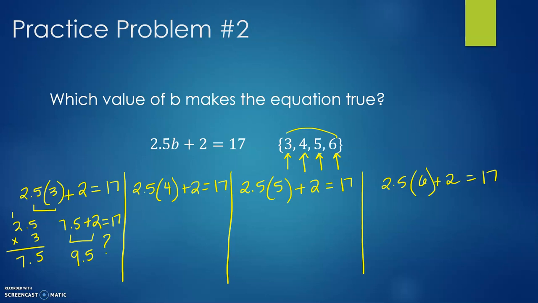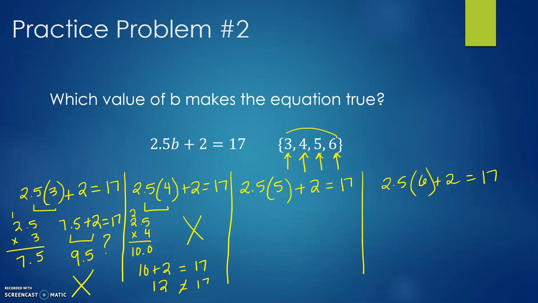That is not 17, so this does not work. Okay, 3 is not a solution. For this one right here, 2.5 times 4, that's 20, and that's 10. Again, one decimal point. 10 plus 2, does that equal 17? No, it does not. It equals 12. That's not a true statement, so this does not work.